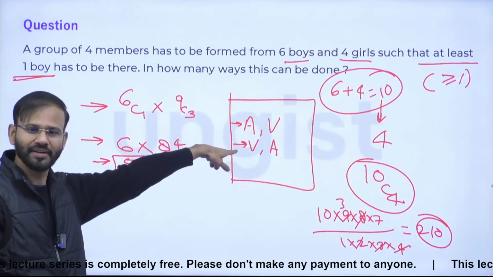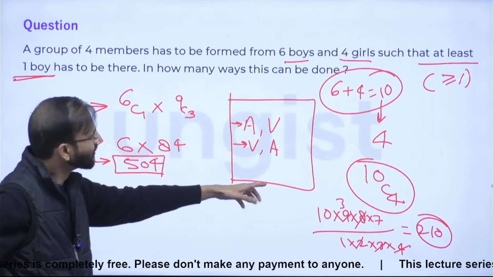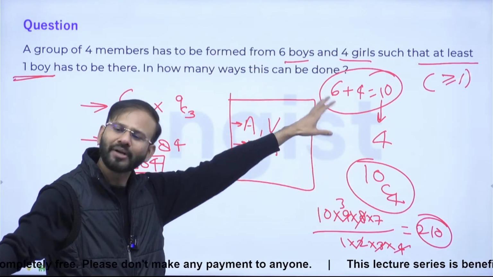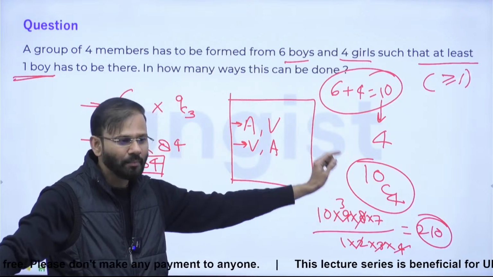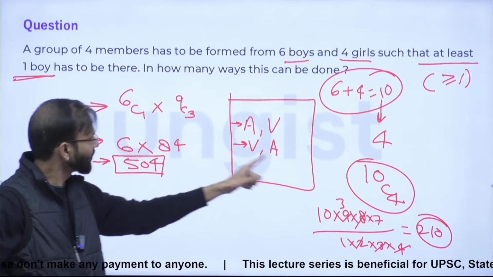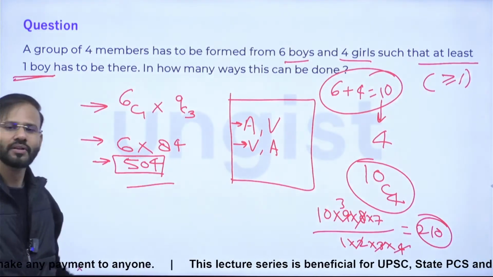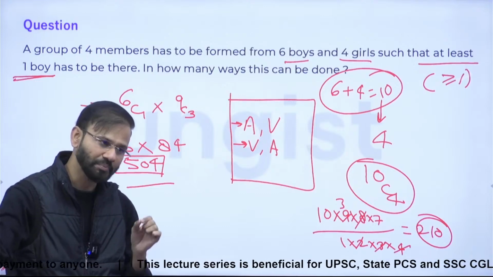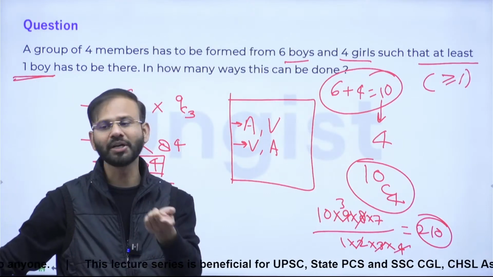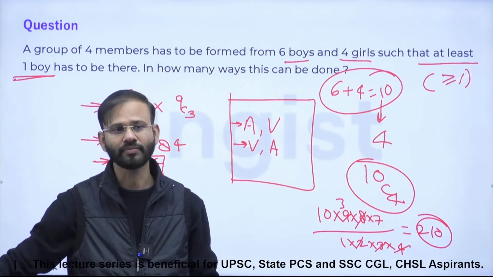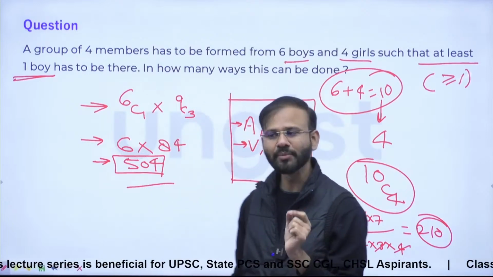It is only one team, right? So teams will be fixed, or the committees will be fixed. But here, with the same committee, you are getting the answer as 504. Which means you are counting one committee multiple times.